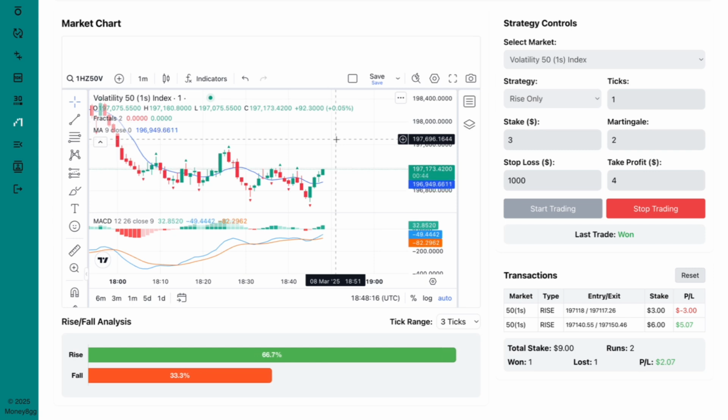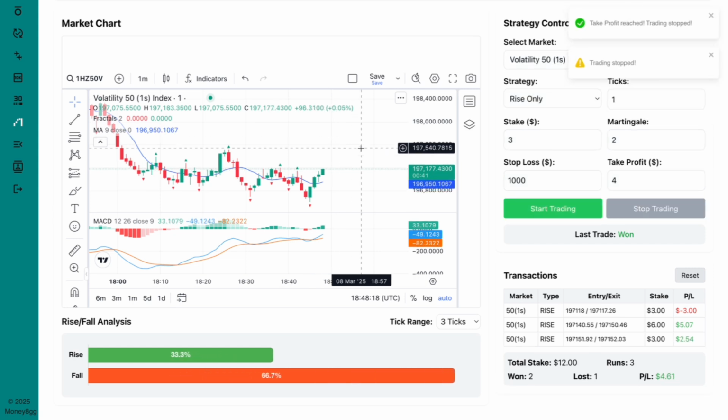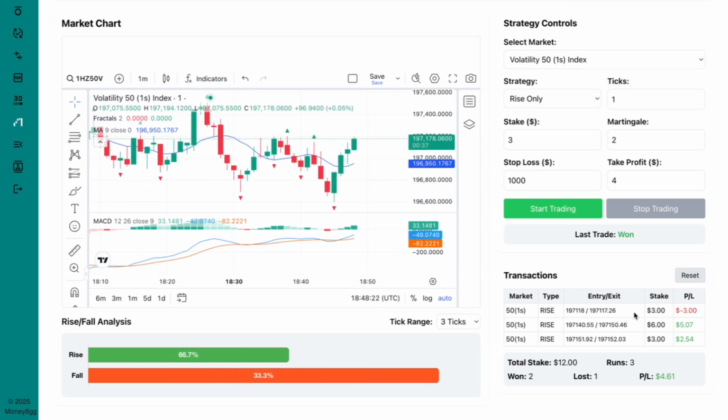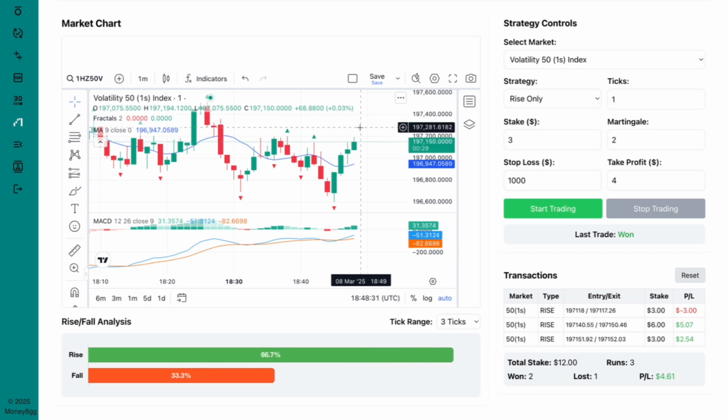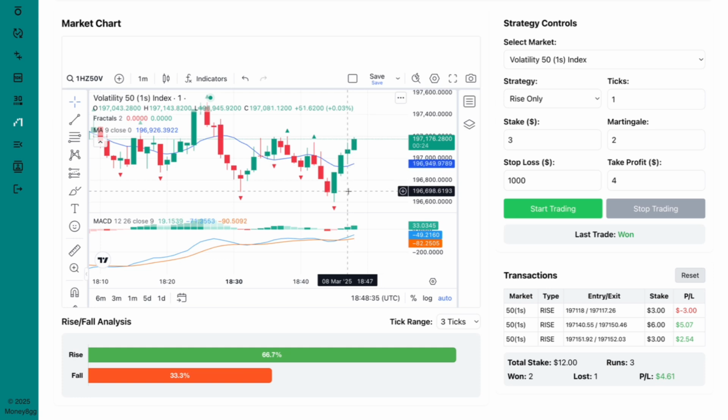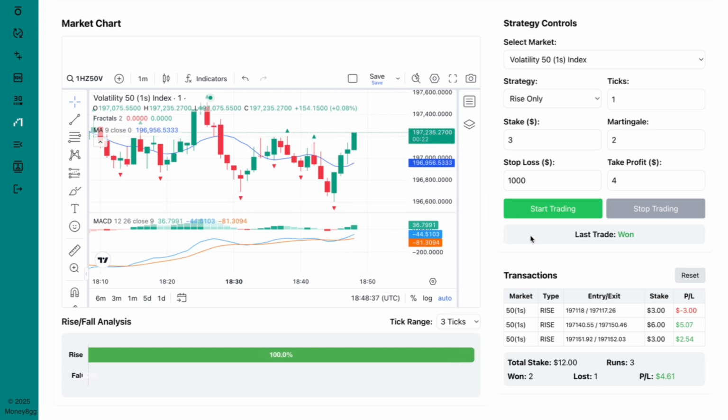For example, this green candle, when we lost, what happened was, yes, it's green, it went up, then it went down. So if you enter, even if it's a rise, for you it will fall. So the key is in the entries.